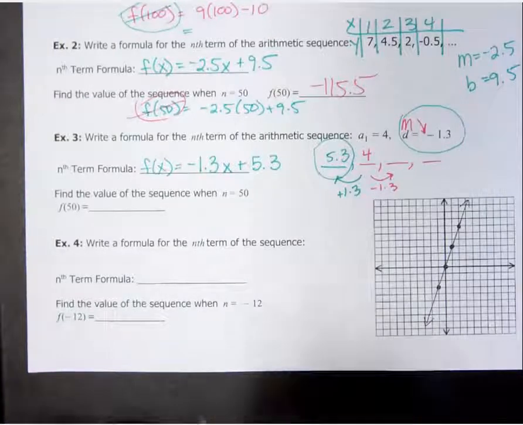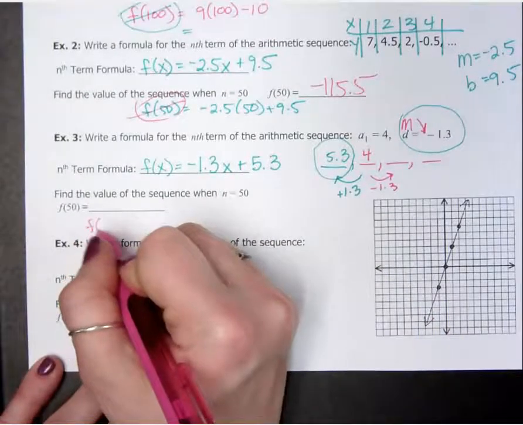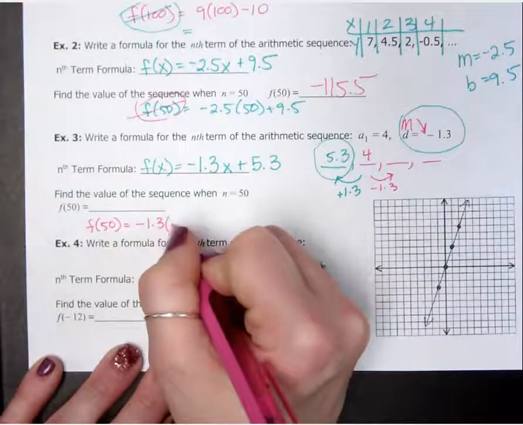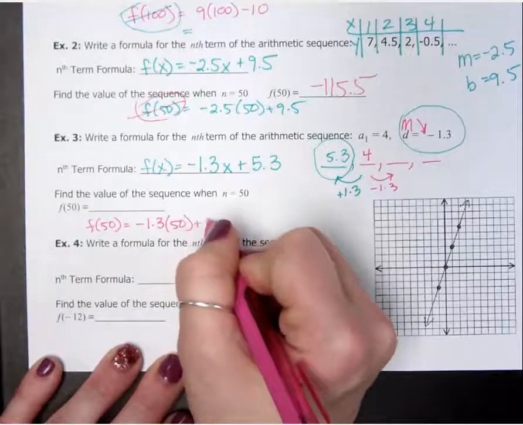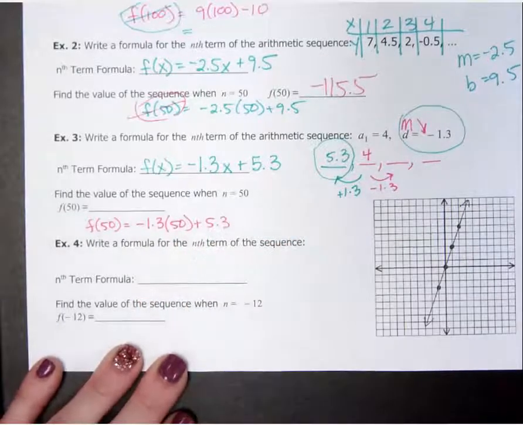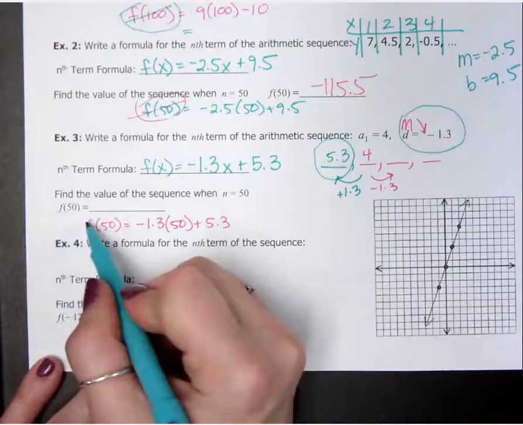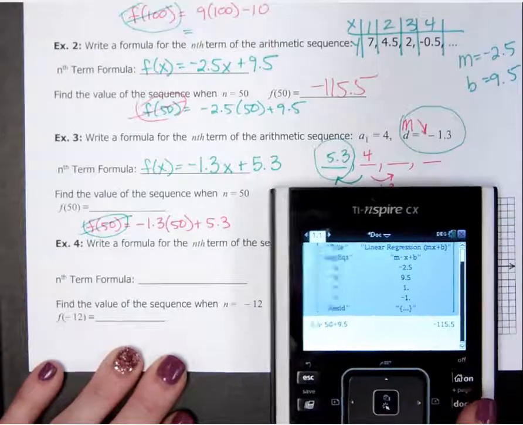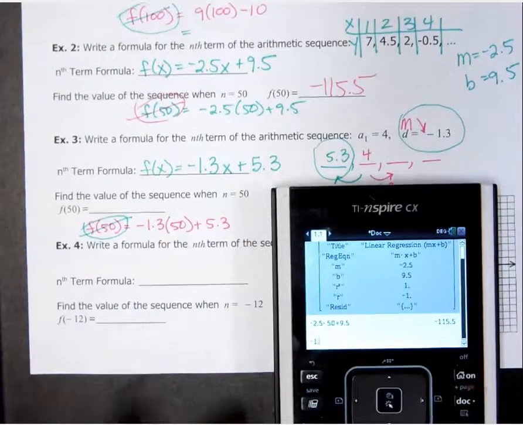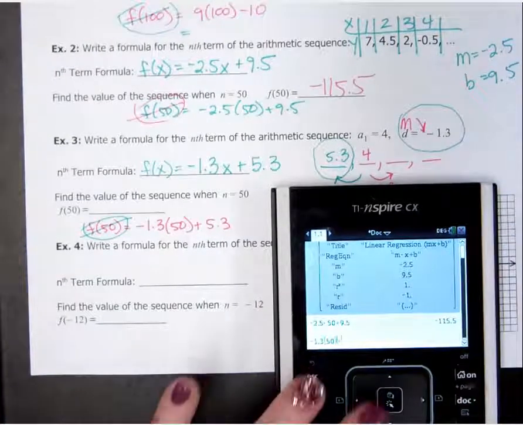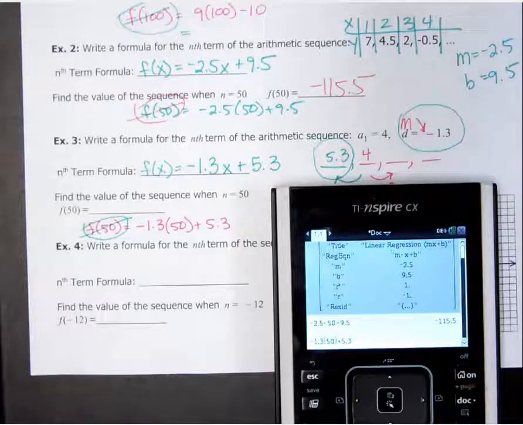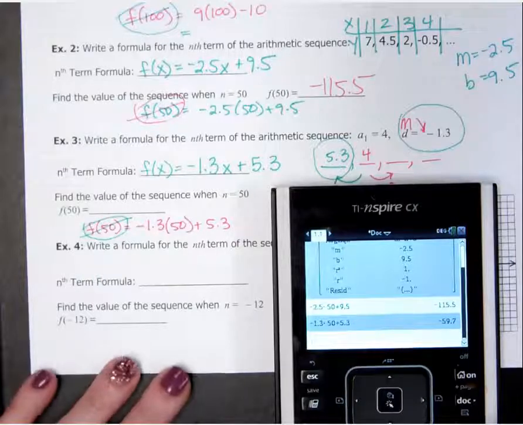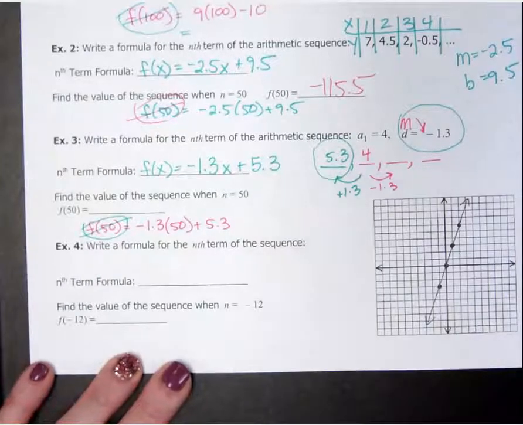So if I want f of 50, I'm going to do f of 50 negative 1.3 times 50 plus 5.3. Remember, you're not going to type this in the calculator. Negative 1.3 times 50 plus 5.3 gives me negative 59.7.